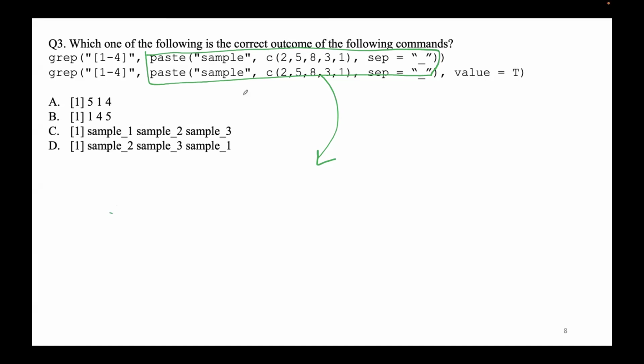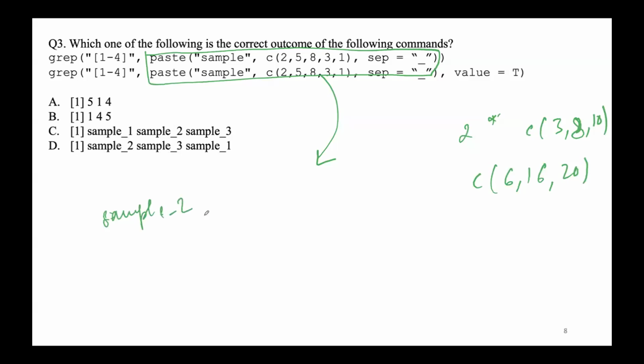Just like we have seen previously, when you multiply 2 with 3, 8, 10, it does it with everything, right? The output that you get is 6, 16, 20. So same thing, one thing with multiple things. So this thing goes with everything. So the outcome here is you'll have sample underscore 2, then sample underscore 5, and so on and so forth, until you have sample underscore 1. So these are going to be your 5. So the length here is going to be 5.